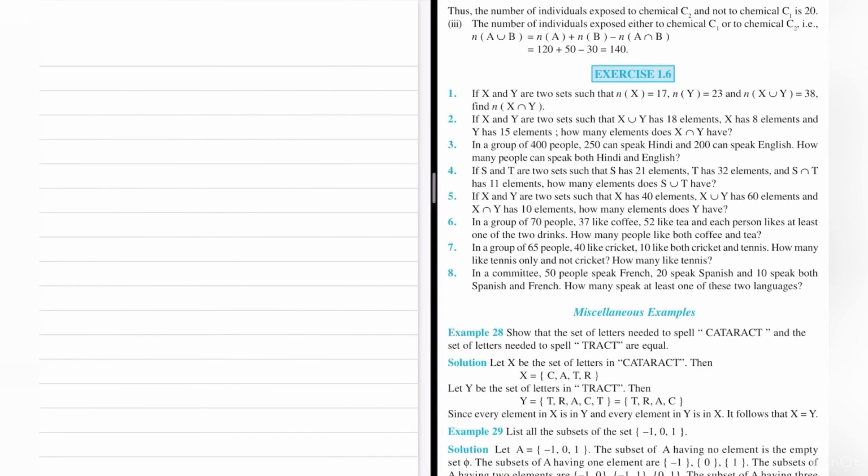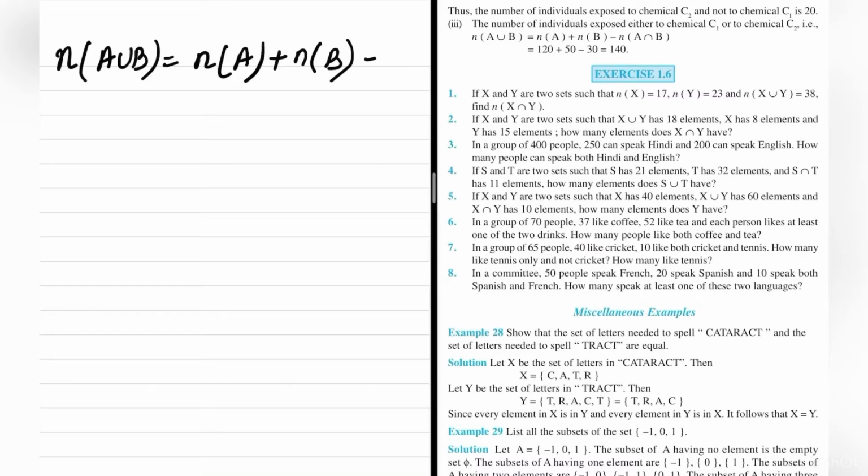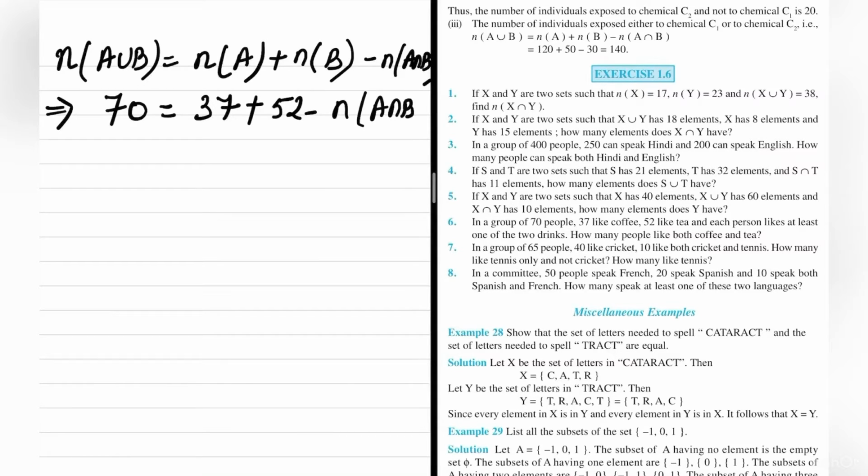So let's use the formula. So n of A union B is equal to n of A plus n of B minus n of A intersection B. Now just plug in the values. So you'll get 70 is equal to 37 plus 52 minus n of A intersection B. And from here you will get that n of A intersection B is equal to 37 plus 52 minus 70.